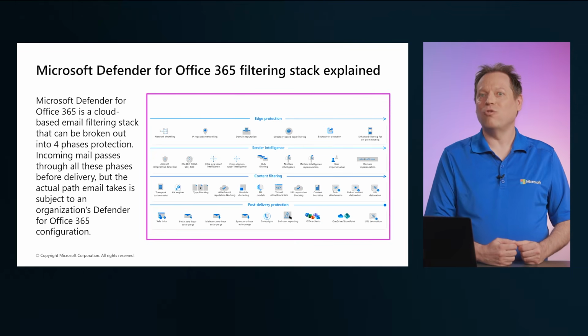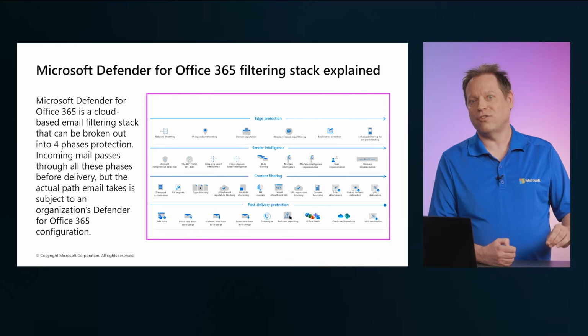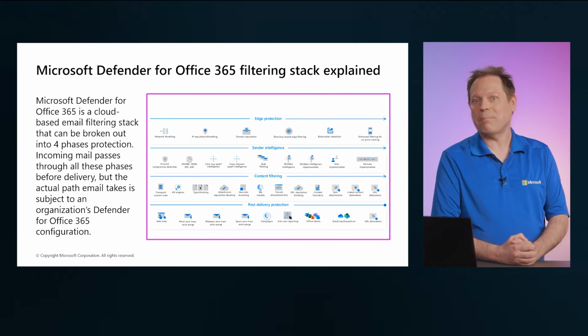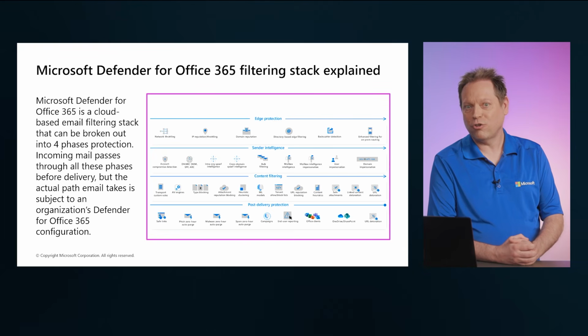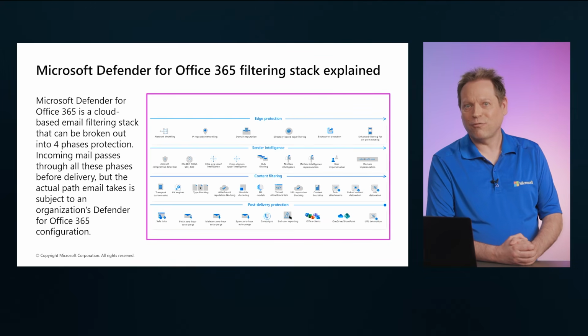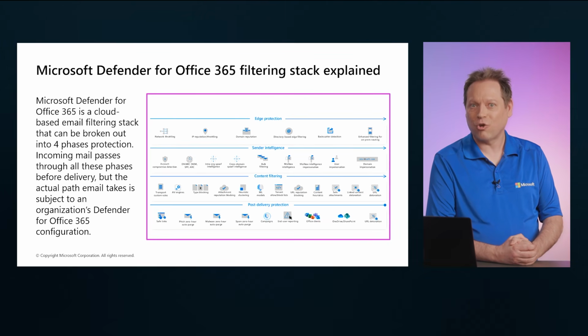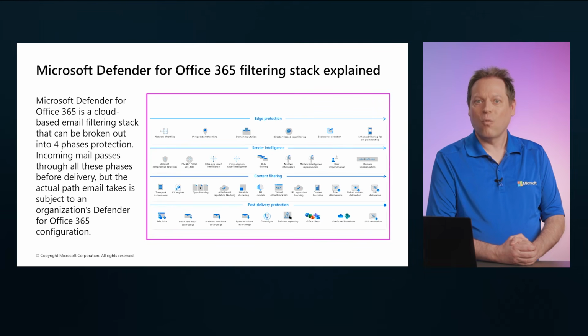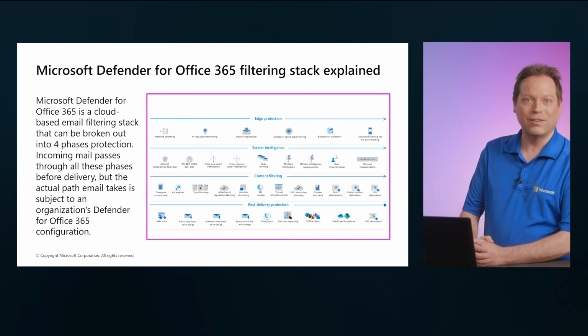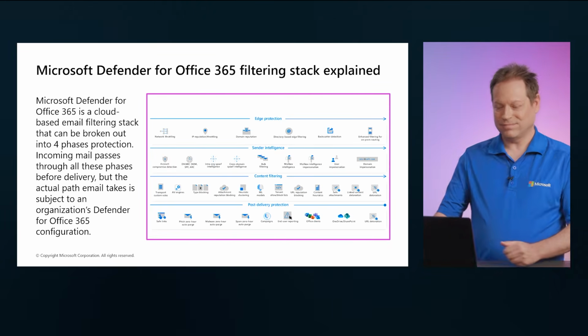The important nuance is that while messages can pass through all phases, the exact path and behavior depend on your organization's Defender for Office 365 configuration. That configuration determines how aggressively you filter, what to quarantine, what to detonate, what to analyze, and how to handle different types of threats.